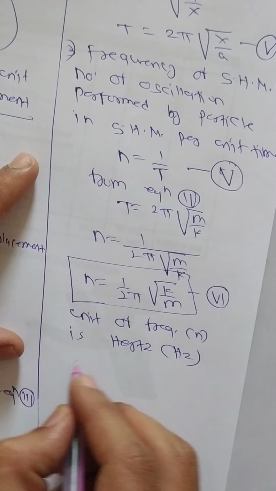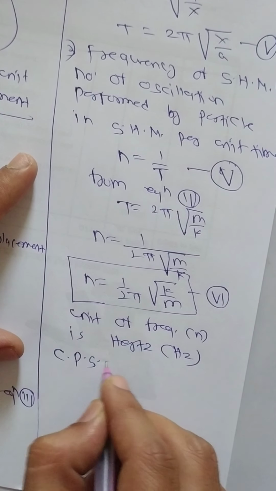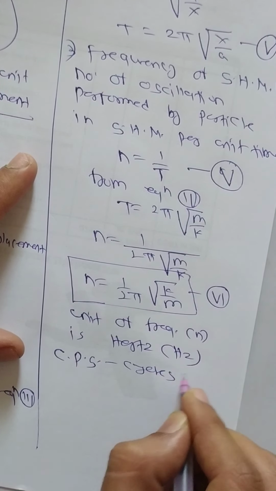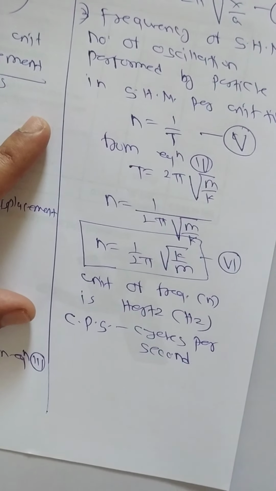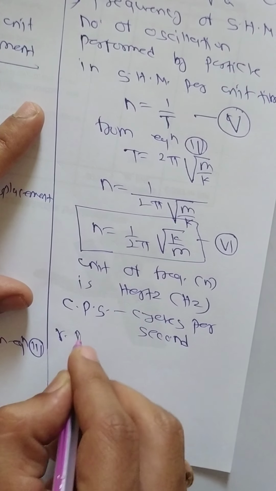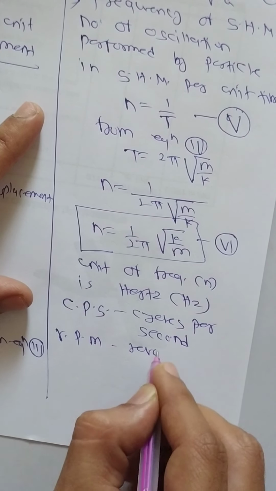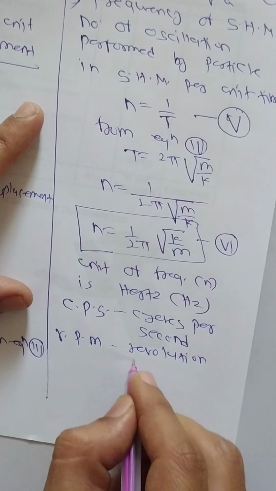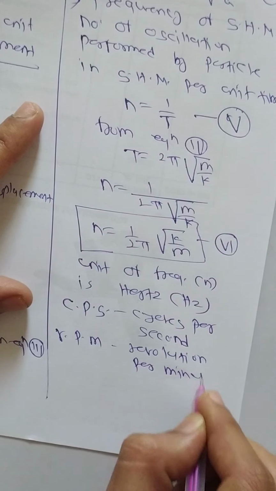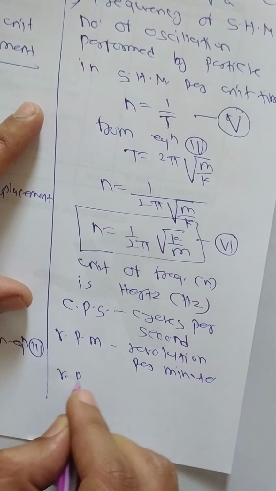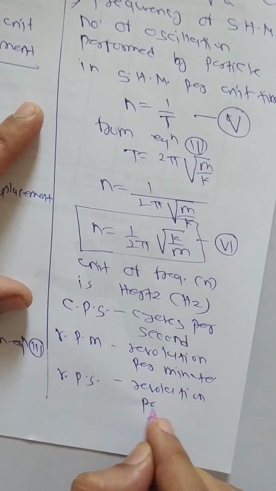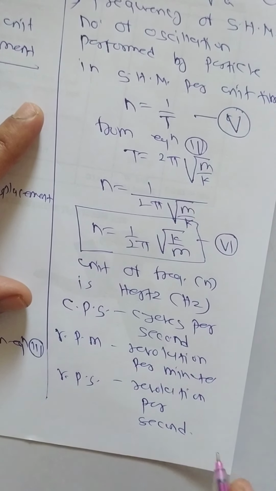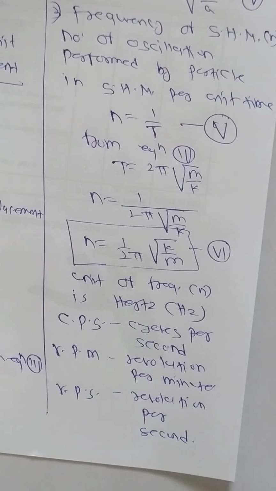Then one more unit is CPS, which stands for cycles per second. Then RPM, that is revolutions per minute. And one more is RPS, that is revolutions per second. So in this way there are 3 to 4 units for frequency.